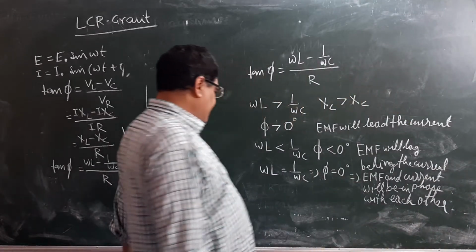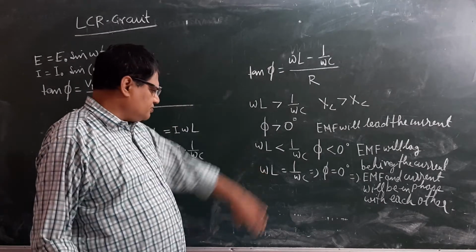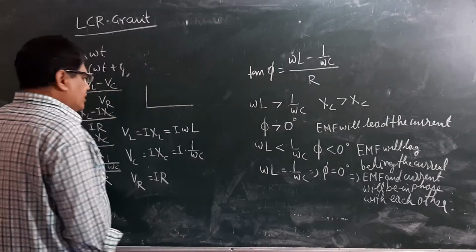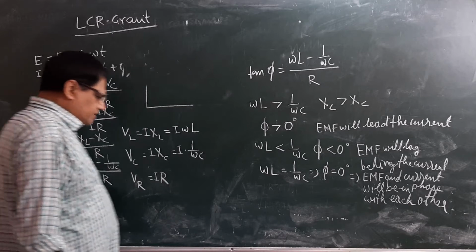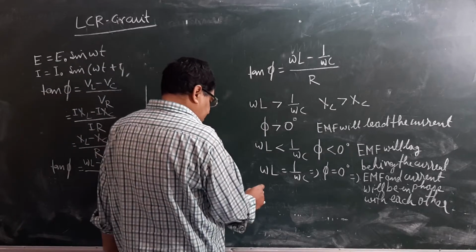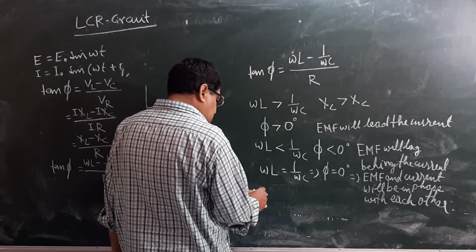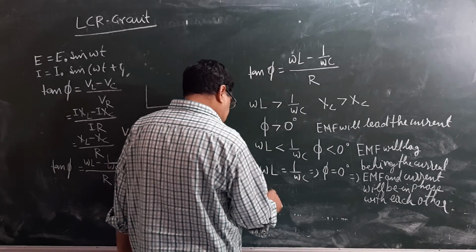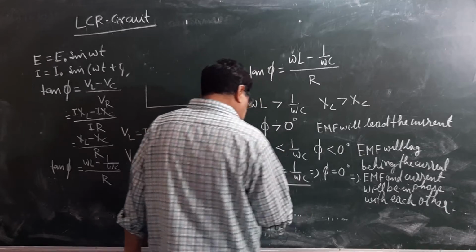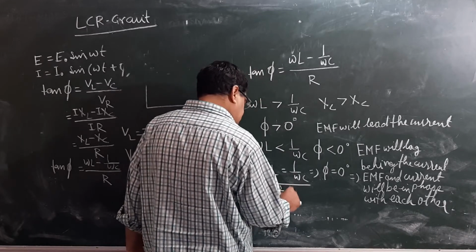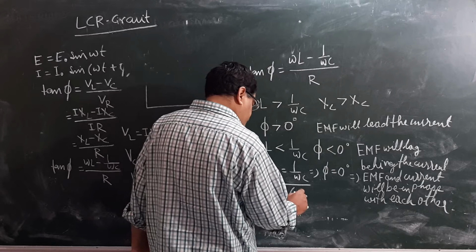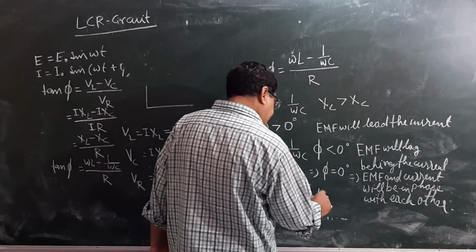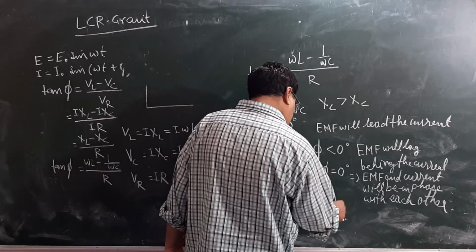Right. Suppose phi is equal to 0, then omega L is equal to 1 by omega C. I have told you about impedance. What is the expression for impedance? I have written here that impedance Z is equal to square root of R square plus (omega L minus 1 by omega C) whole square.